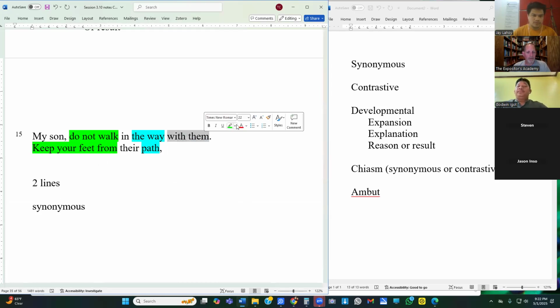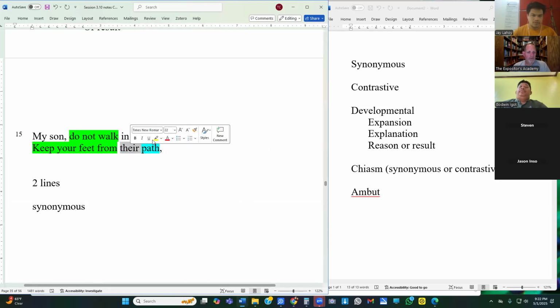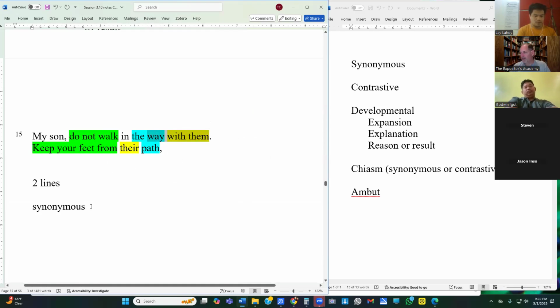With them. Yeah. I think he's saying the same idea. Do not walk, keep your feet from. In the way, their path, in the way with them. I think it's the same idea. I would say synonymous. Okay.